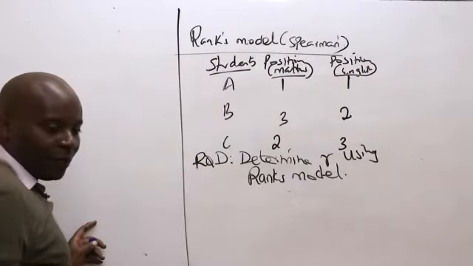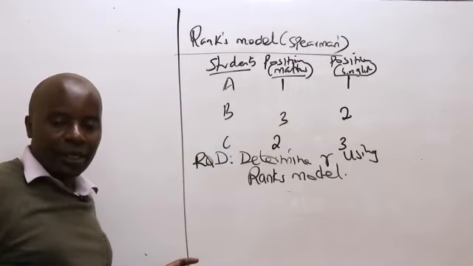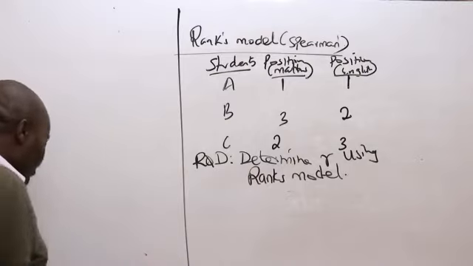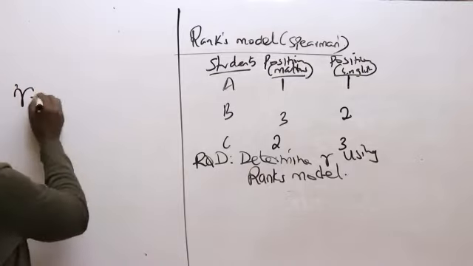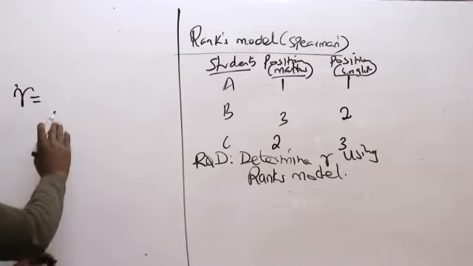So if I'm given this kind of question and they want me to use the ranks model, I'll write the model for them. R should be equal to what here, somebody?